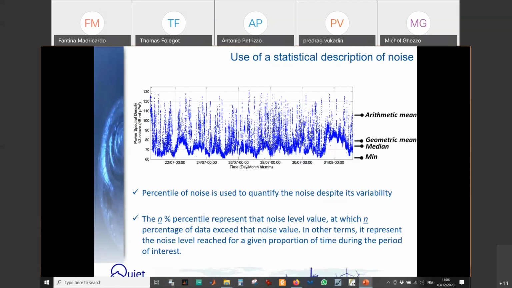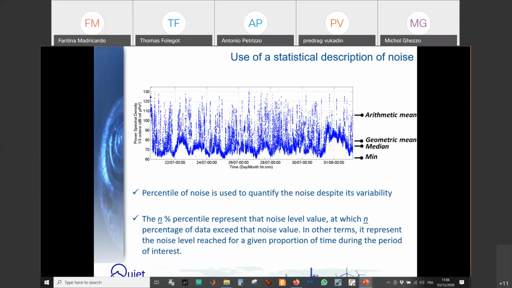So the practical question will be, when we model, what metric, what percentile we will use for assessing such levels, like reference level and impact level, that will be done in the future for assessing the impact of noise.